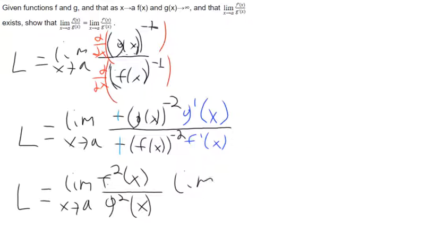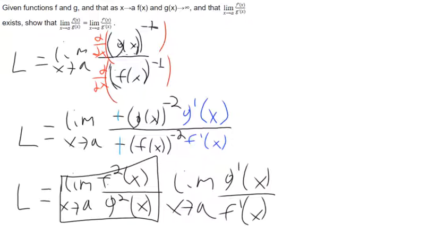We multiply by the limit as x goes to a of g prime of x over f prime of x. Well, what is this right here? We have a fraction with the numerator and the denominator both being squared. So I can write that as the square of the entire fraction.